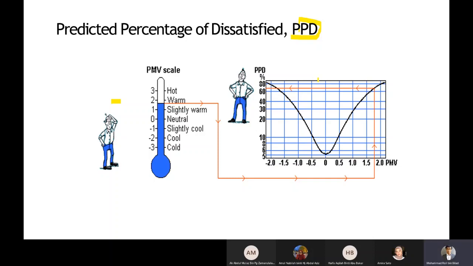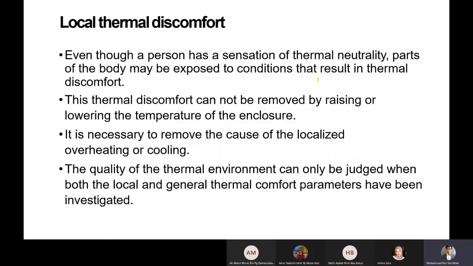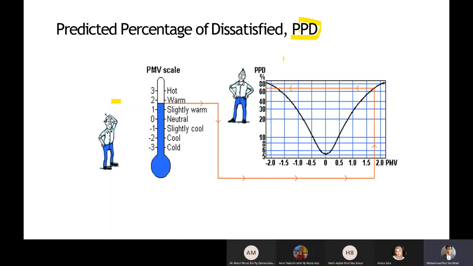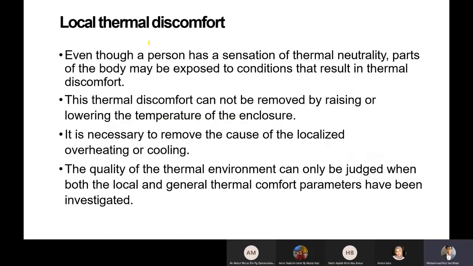And then we got the information from the vote. Somebody may say this one is overall comfort, but you can also have what we call local discomfort. So what is this?